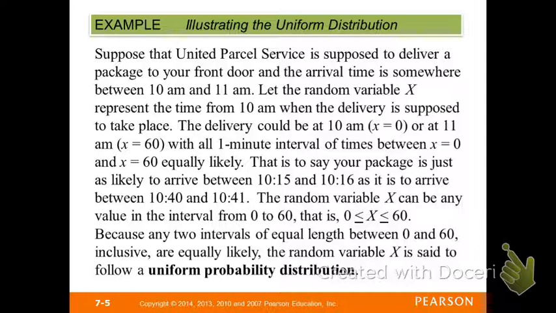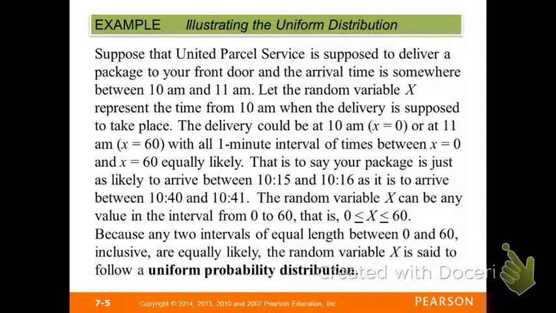The random variable x can be any value in the interval from 0 to 60. That is, 0 is less than or equal to x, which is less than or equal to 60. Because any two intervals of equal length between 0 and 60 inclusive are equally likely, the random variable x is said to follow a uniform probability distribution.